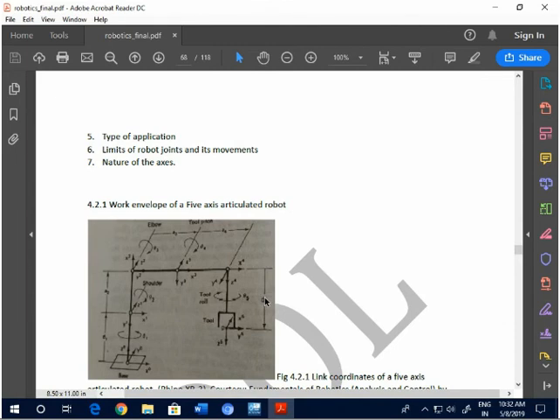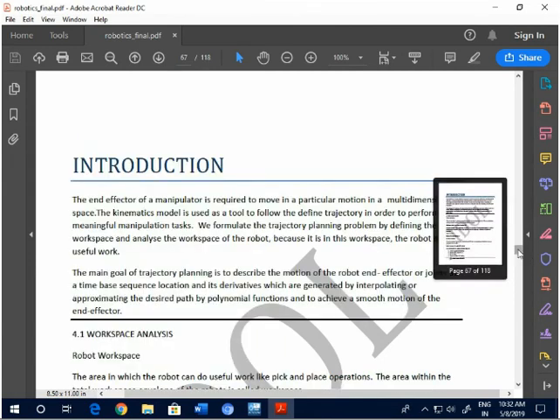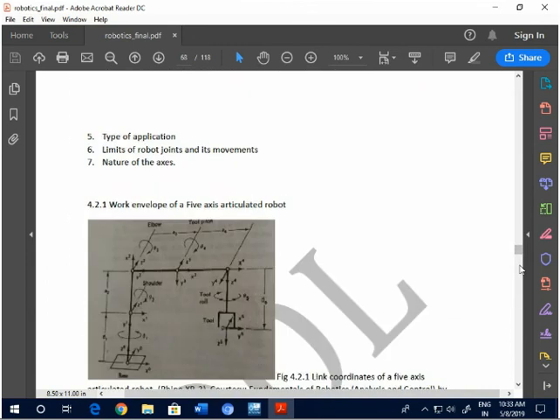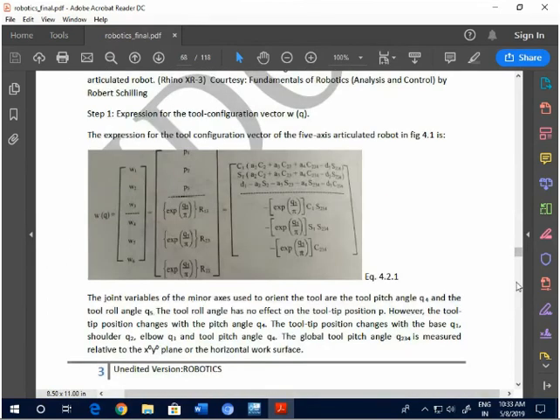How far a robot will reach is dependent on the joints which it has. So how will you find out? Now this is taken from the textbook Fundamentals of Robotics by Robert Schilling. The first step to find out the workspace area is to find out the expression for the tool configuration vector, that is WQ.